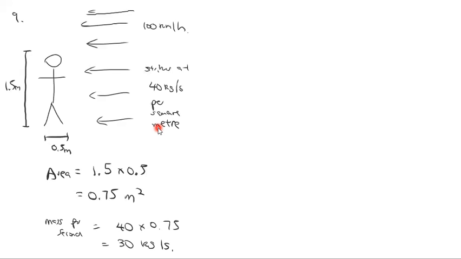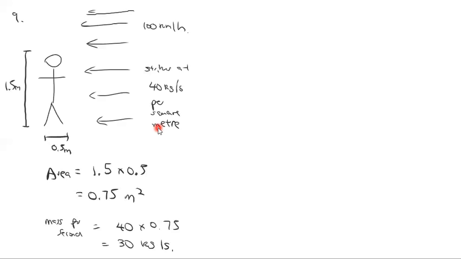Now, they want you to estimate the force of the wind on the person. So here's where it's more directly the physics. The rest is just making the question more complicated.